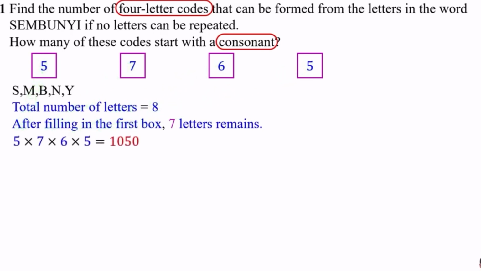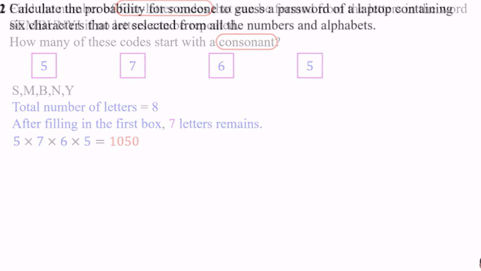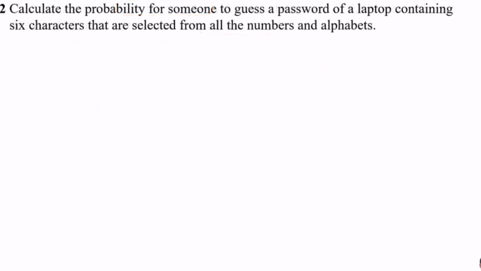So the total number of ways is 5 times 7 times 6 times 5. So the answer is 1050 ways. You can also do it like this, 5P1 multiplied by 7P3.